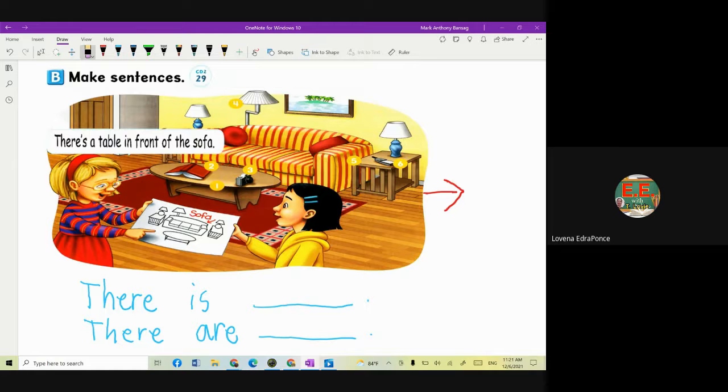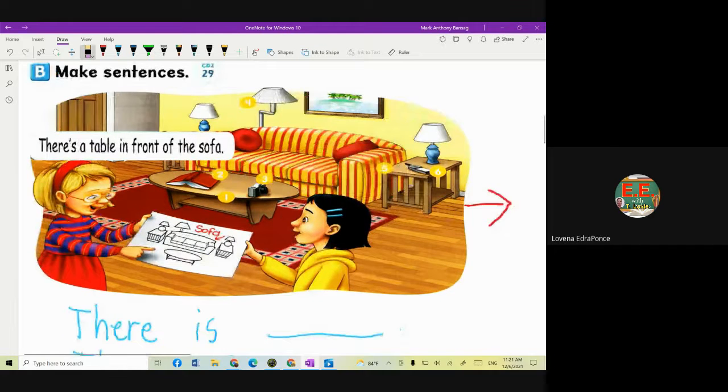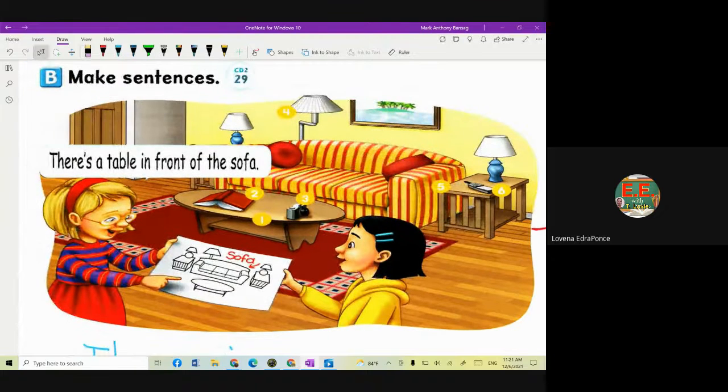Page 52. There's a table in front of the sofa. There's a book on the table.